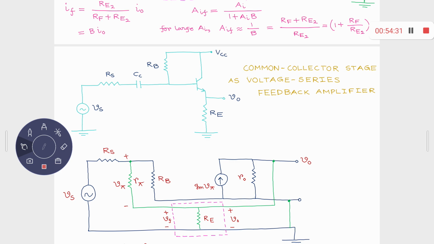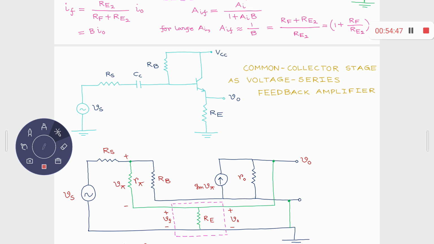Well, I have drawn this upside down. This is the base terminal. Typically, we draw the emitter downwards and the collector upwards, but this time it's a common collector.